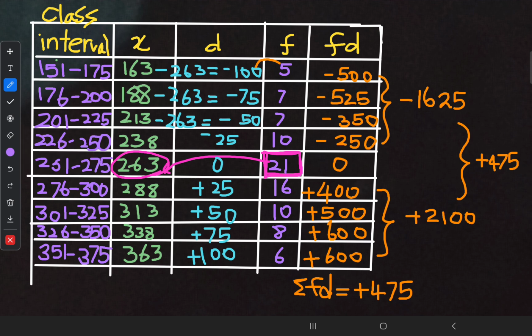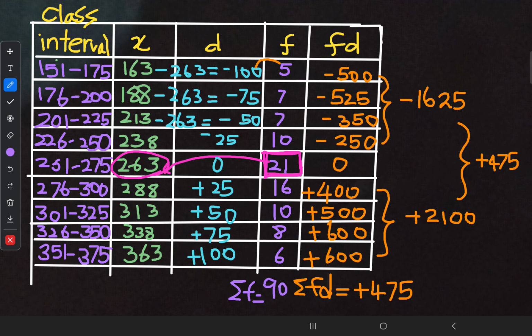Then we have to get the summation of the frequency, sigma F. For that we have to add all the values in the F column. 5 plus 7 plus 7 plus 10 plus 21 plus 16 plus 10 plus 8 plus 6. That will give you a total of 90.